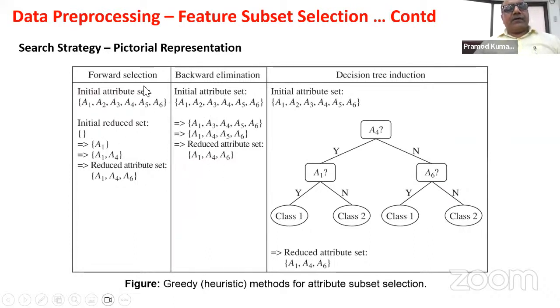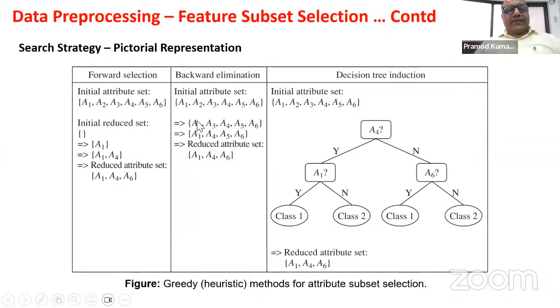In case of the combination of forward and backward, suppose we have A3, A4, A5, for example. What it will do is eliminate the one which is the worst from here. Suppose the A5 is the worst, so A5 is eliminated, and whatever is leftover is the A1 and the A6.